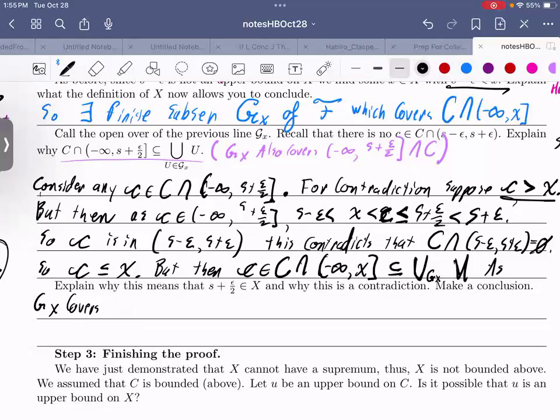This is too big. C intersect negative infinity to x by assumption.